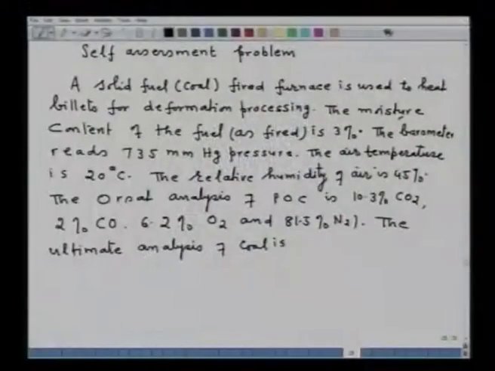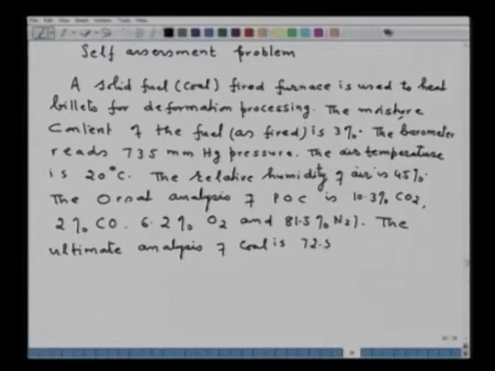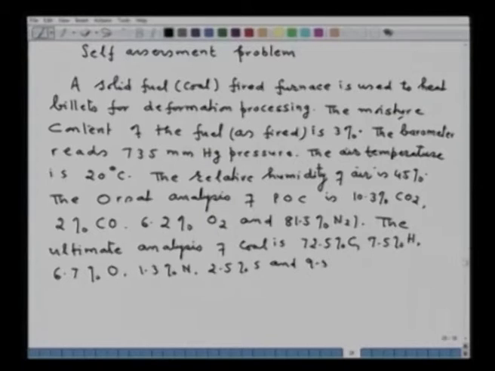So, the ultimate analysis of the coal is 72.5% carbon, 7.5% hydrogen, 6.7% oxygen, 1.3% nitrogen, 2.5% sulfur and 9.5% ash. I think the problem is complete.